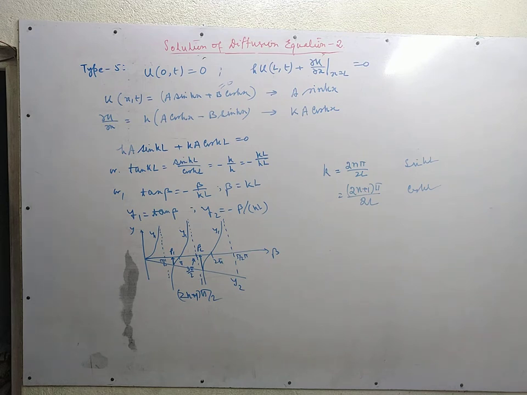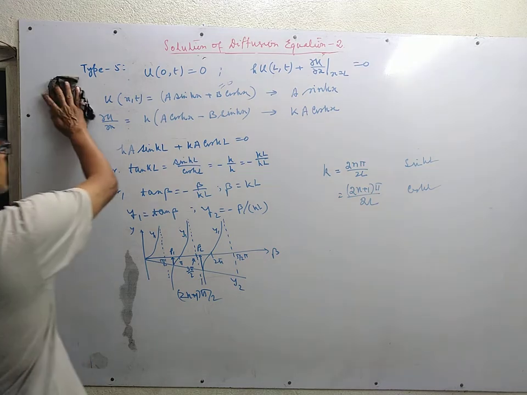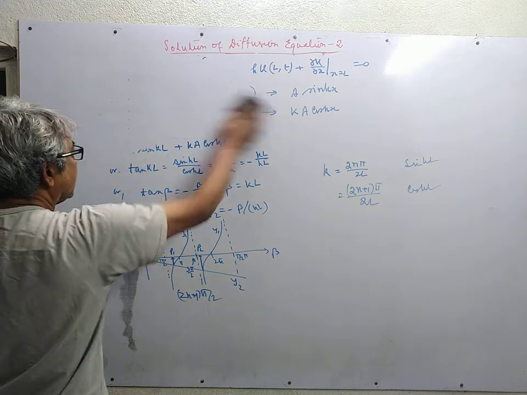So we have solved the one-dimensional diffusion equation as applicable to a straight rod lying along the x-axis, and which satisfies 5 different categories of boundary conditions.